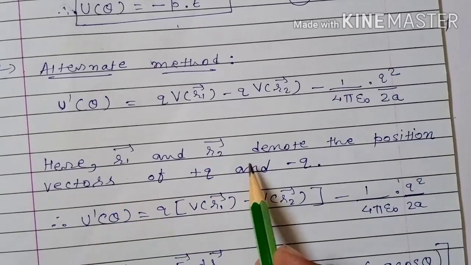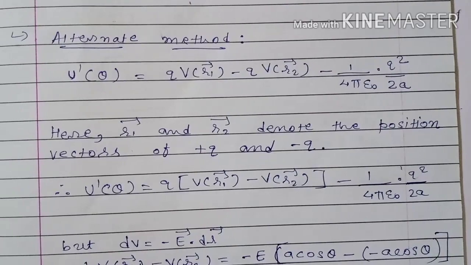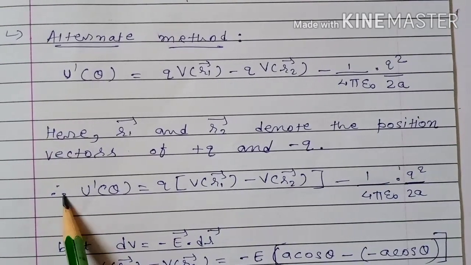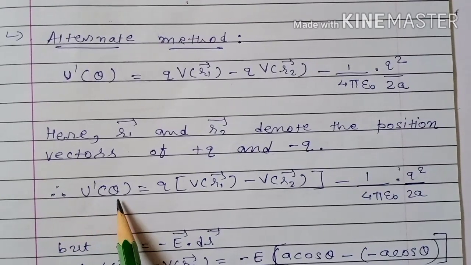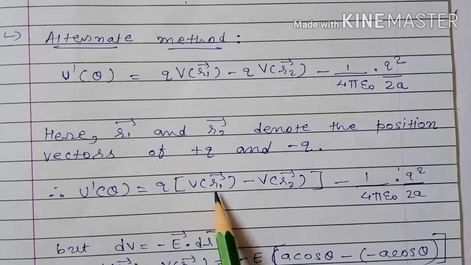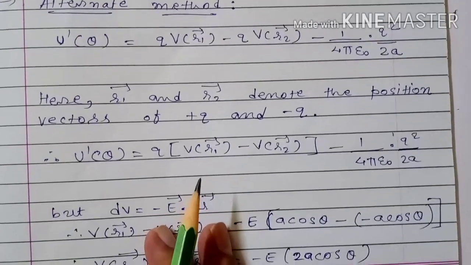Here R1 vector and R2 vector denote the position vectors of plus Q and minus Q. Therefore, potential energy at a particular angle theta can be written, if we take Q common, as Q times V(R1 vector) minus V(R2 vector), minus 1 upon 4 pi epsilon naught into Q square upon 2a.